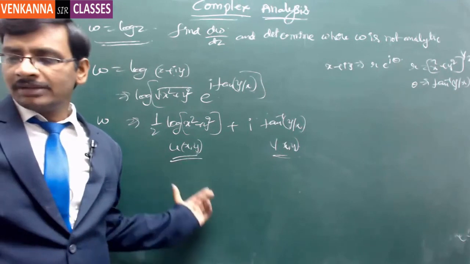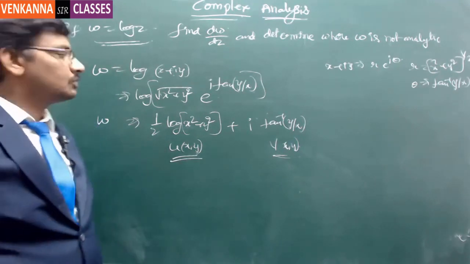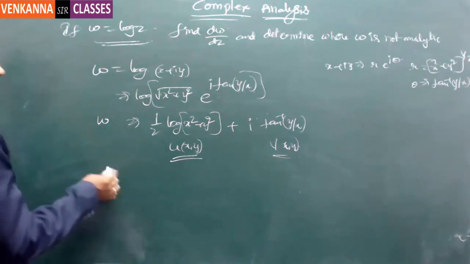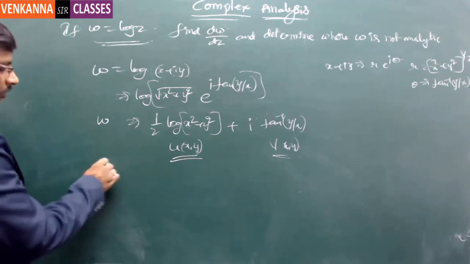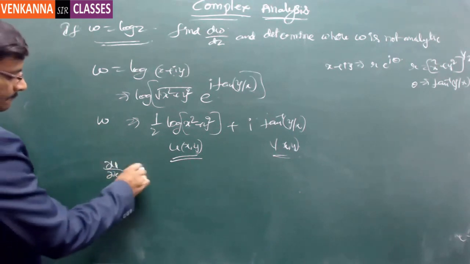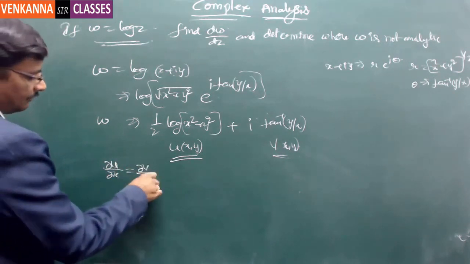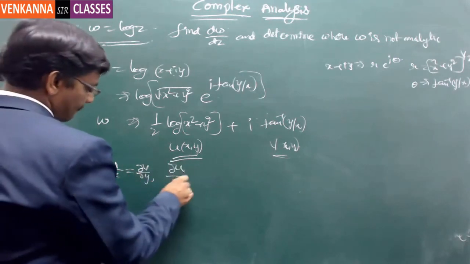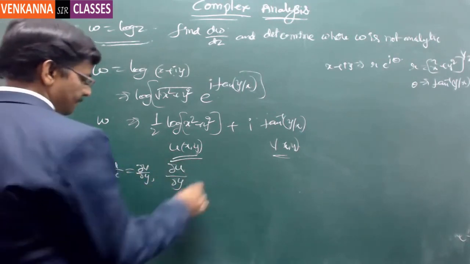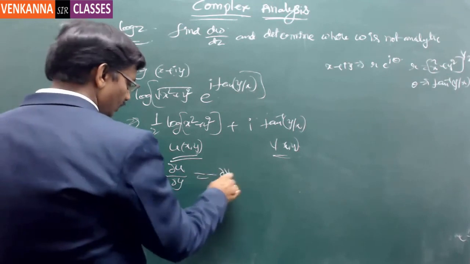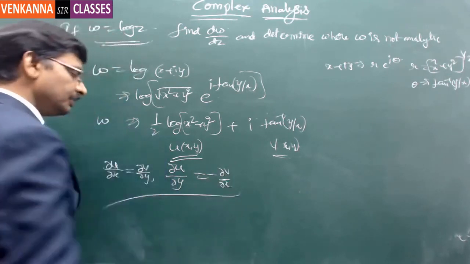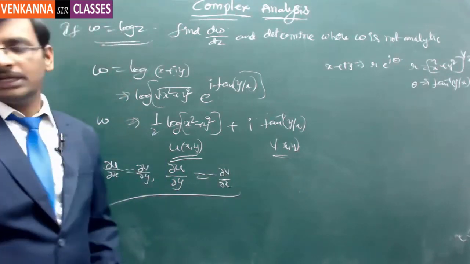Now you can apply the Cauchy-Riemann equations on this. First of all, you can check dou u by dou x is equal to dou v by dou y. Then dou u by dou y is equal to minus dou v by dou x. These two should be satisfied first for the derivative to exist.